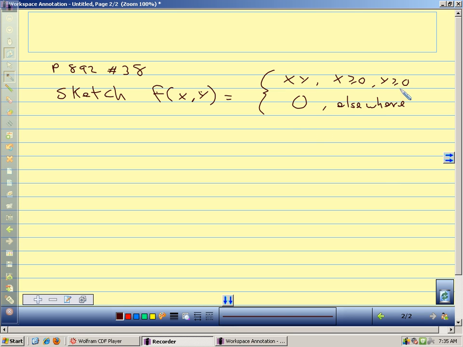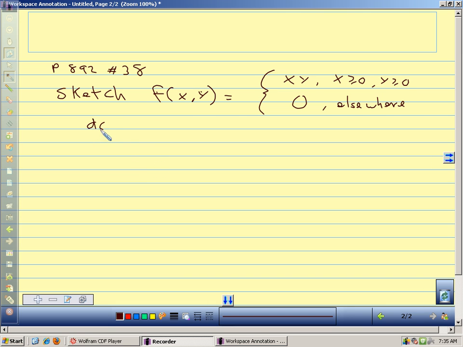So if x and y are both greater than 0, our function is always going to be greater than 0. Scott says he thinks it might look kind of like a diamond. So we're looking in the first octant. So we're in the first quadrant of the xy plane, and we're in just the positive z.